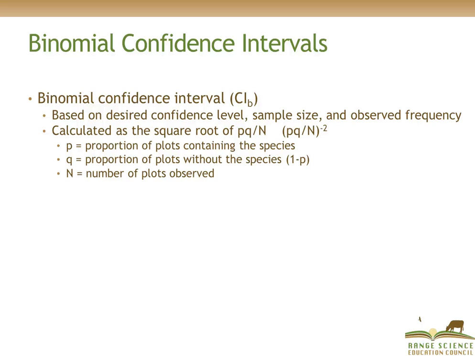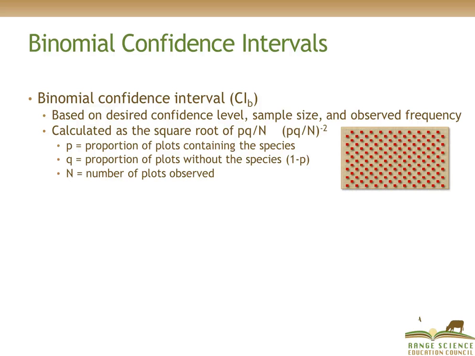Now, it is important to note that the use of binomial confidence intervals is based on the assumption that each of the quadrats is selected at random and is independent of the others. If you may recall from the previous presentation, these quadrats that we use for frequency are usually located in the environment systematically, and so they're not located at random.